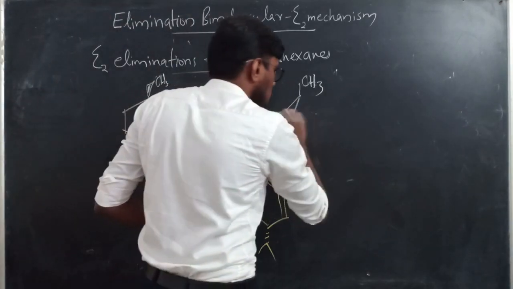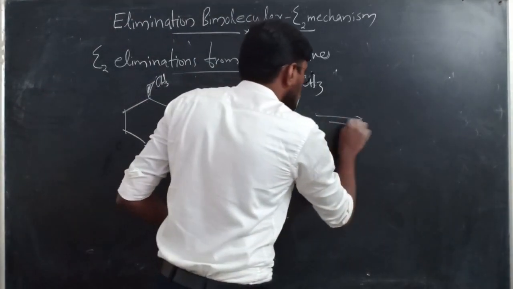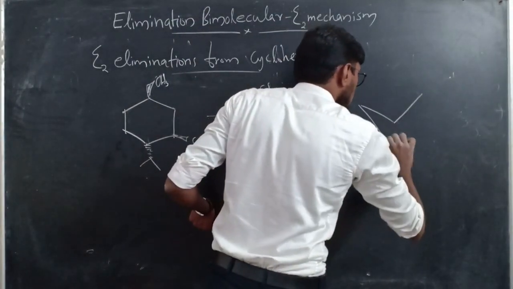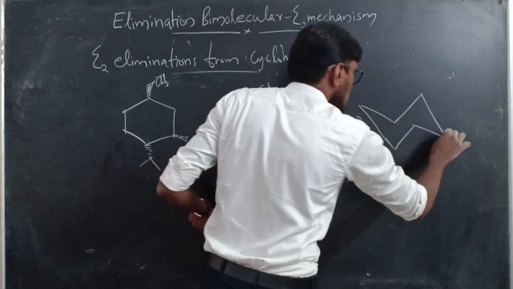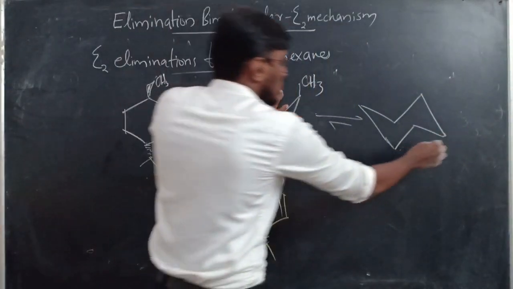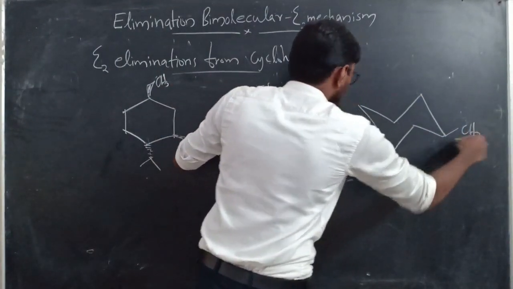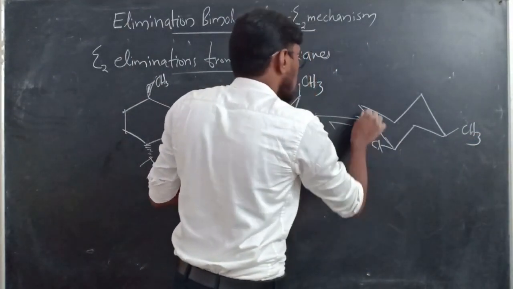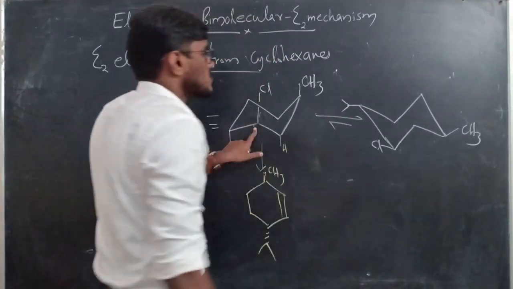It flips like this, that is CH3 comes here, and the third position Cl comes here, and the isopropyl group comes here.